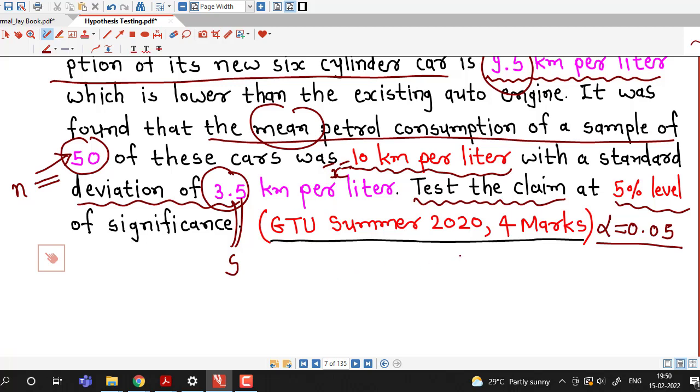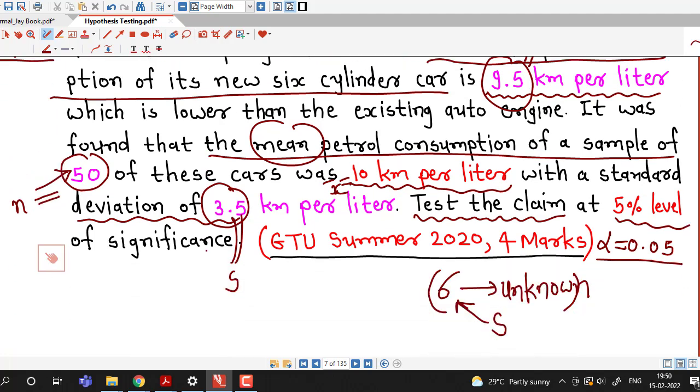So here population standard deviation sigma is unknown, but sample size is greater than 30. So we have large sample test here, and we know that if sample size is bigger than 30, then if sigma is unknown, we can replace sigma by corresponding sample standard deviation in the formula for appropriate test statistic.